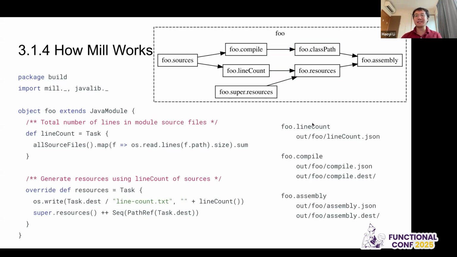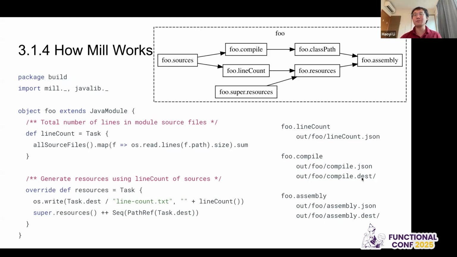Mill can assign the different tasks places on disk to store their cache metadata or file output. So for example, line count, in order to cache output so we can avoid recomputing it, we give the foo.line_count task an out/foo/line_count.json file that it automatically writes its output to. Same for compile and assembly, they have these JSON files containing their metadata, as well as this destination folder that contains the file output.